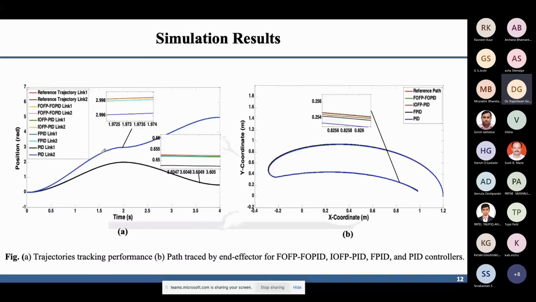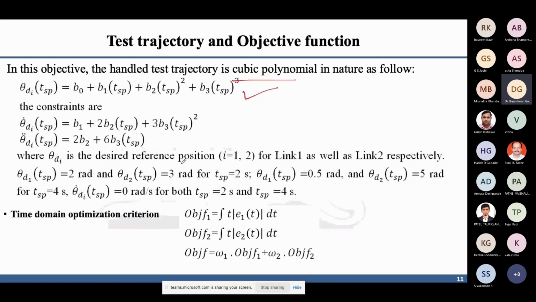Here you can see that we have to design this trajectory with the help of predefined constraints. So theta d1 at TSP is 2 radian. What is TSP? TSP is 2 seconds, and 4 seconds. We have considered around 4 seconds.